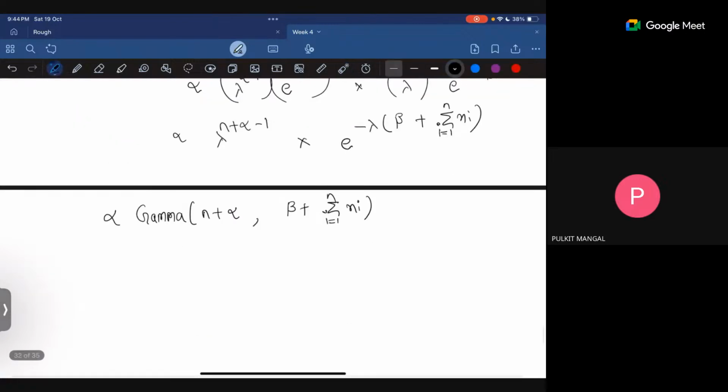So you can take this whole combined as alpha dash, and this is your beta dash. Basically, the values of alpha dash and beta dash would be n plus alpha and this. Clear?